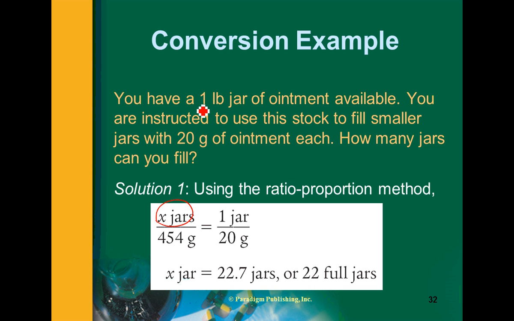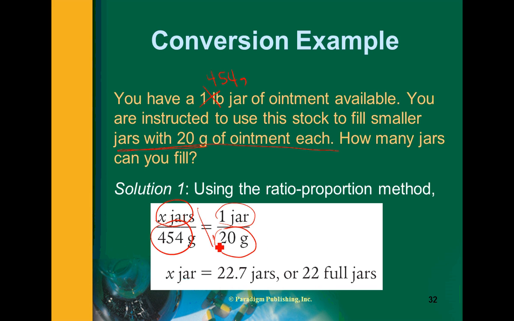And what we did is we took the 1 pound jar and converted it to grams. And that's what you have here. And in one jar, it says that you're going to fill smaller jars with 20 grams of ointment in each. So one jar is going to be able to fill 20 grams. So that's where we get the 1 jar per 20 grams.